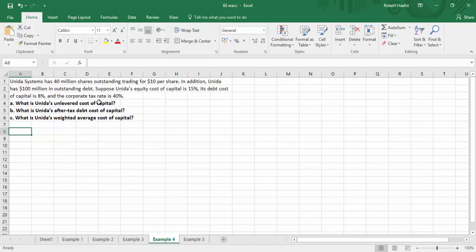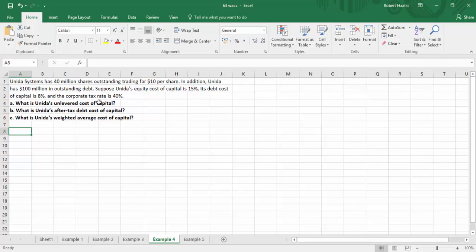Here we have Unilever Systems, which has 40 million shares, which are at the moment trading for $10 a share. In addition, Unilever has 100 million debt outstanding. Let's suppose for now that the equity cost of capital is 15% and the debt cost of capital 8%.